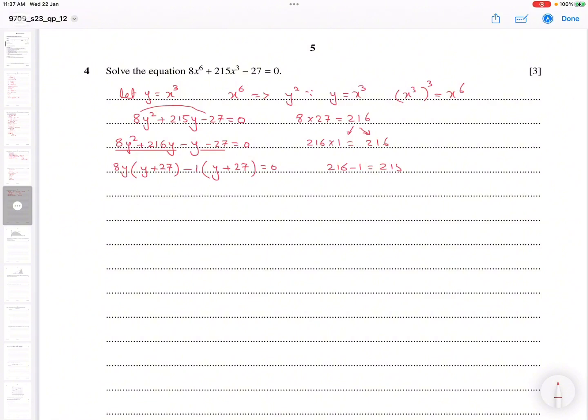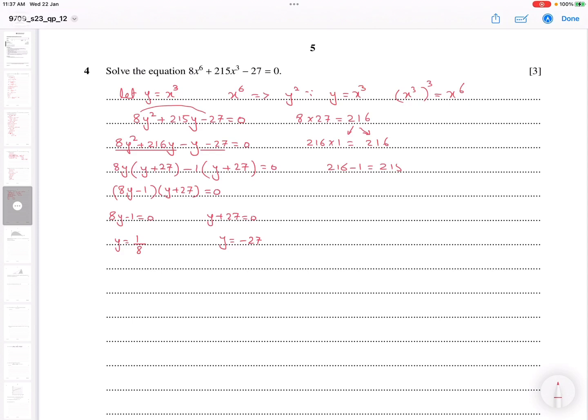So my one bracket is (8y minus 1) and the other is (y plus 27). So these are the two factors. So 8y minus 1 equals 0, and from here y plus 27 equals 0. So from here y is equal to 1 by 8, and from here y is equal to negative 27.